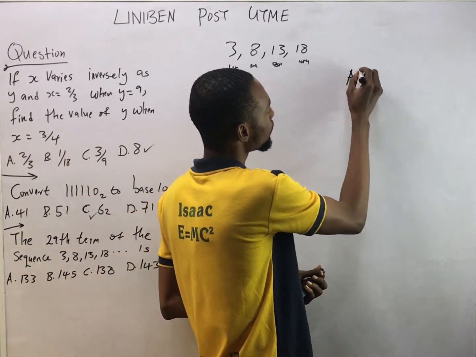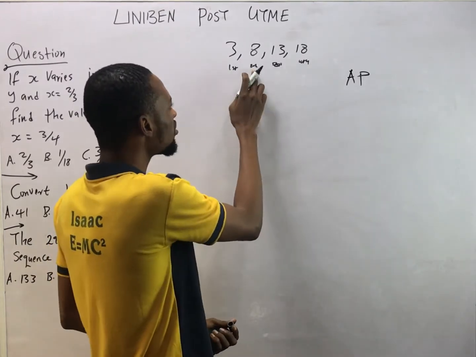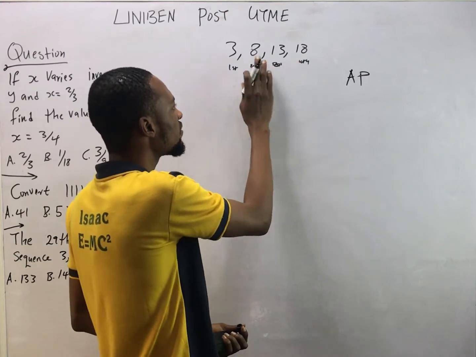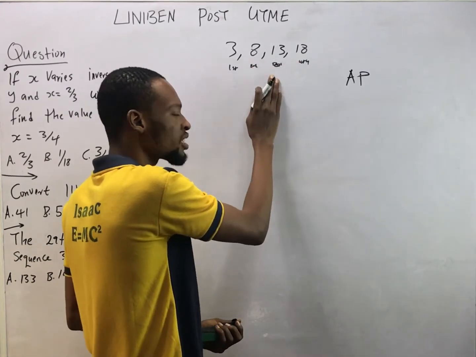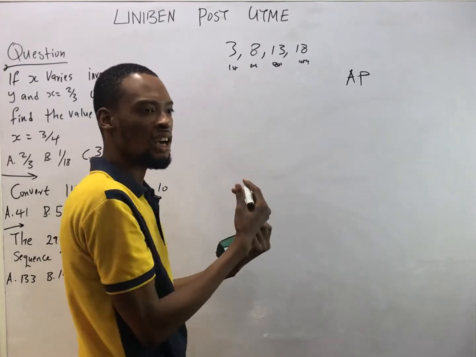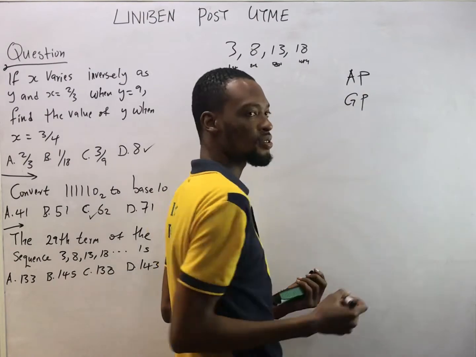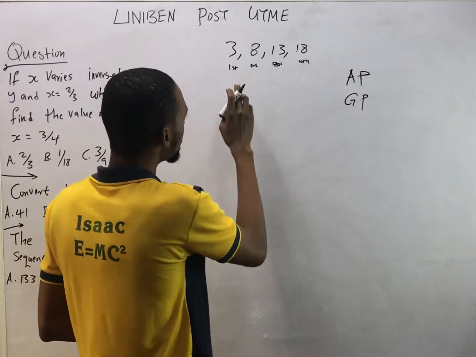That's AP. Similarly, if second term divided by first term is the same thing as third term divided by second term, and the same thing as fourth term divided by the third term, that means if you divide, you are getting the same value, then it is geometric progression. That's GP.